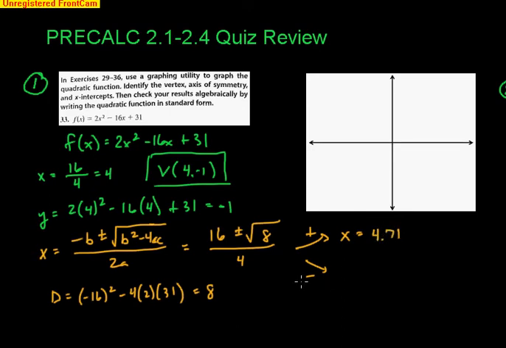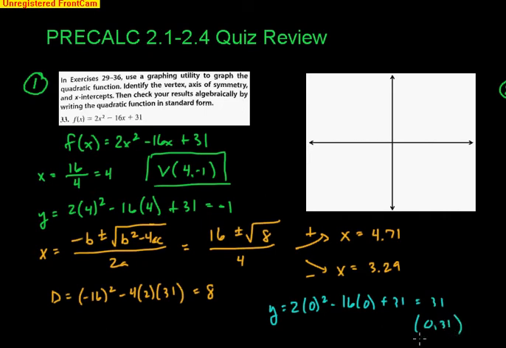And in the other one, I do 16 minus the square root of 8 divided by 4, and I get 3.29. And then the last thing I want is the y-intercept, and to find the y-intercept, let x be 0. So we plug 0 in for x, and we get a y-intercept of 31. So your y-intercept is 0, 31.